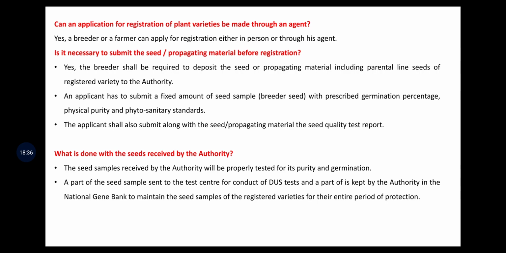Yes, the breeder shall be required to deposit the seed or propagating material, including parental line seeds of the registered variety, to the authority. The applicant has to submit a fixed amount of seed sample with prescribed germination percentage, physical purity, and phytosanitary standards. The applicant shall also submit, along with the seed and or propagating material, the seed quality test report.